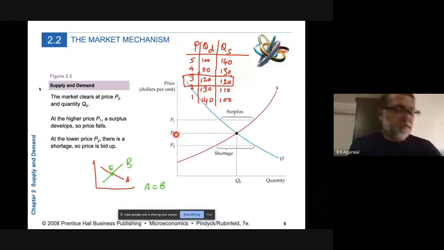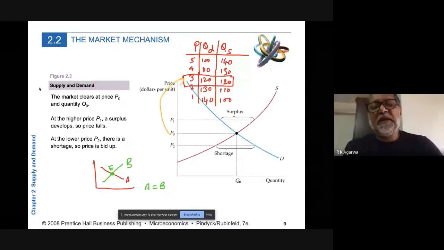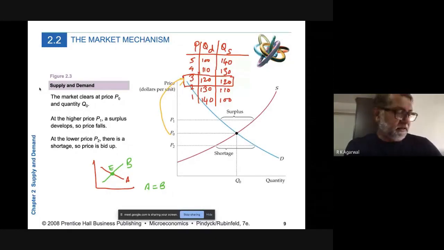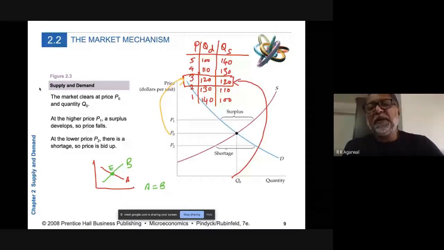P0 shows that the price is 3. At this price, the demand is equal to supply. And what does this Q0 show? Q0 shows 120. That is, demand is 120, supply is also 120. So that is what it shows.